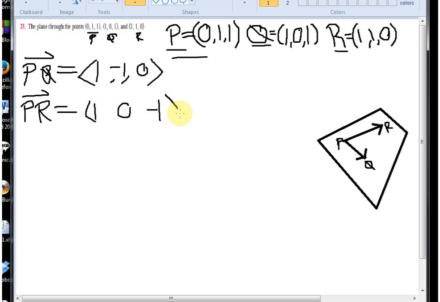And that'll be the next vector. So now we have 2 different vectors, and we want to find a third vector that goes straight out perpendicular to both of these vectors, and also it'll be perpendicular to the plane.